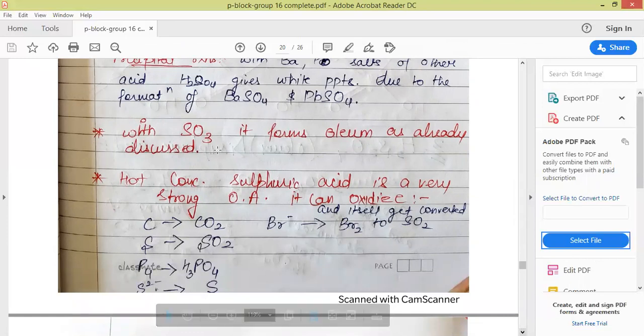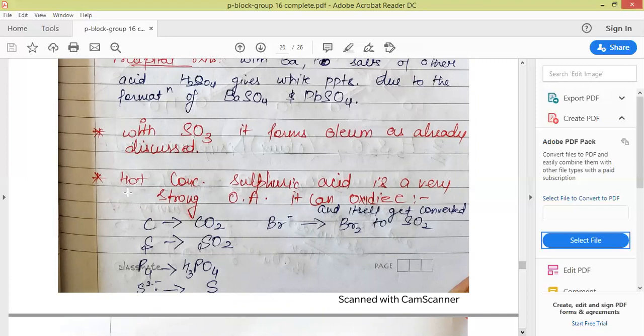With SO3, it forms oleum, as we discussed in the last step of the synthesis of H2SO4, that it is stored in the form of oleum by reacting with SO3. So this is an important reaction for the production of oleum. Oleum is an important acid out of the oxo acids of sulfur, which we'll be discussing just after this.